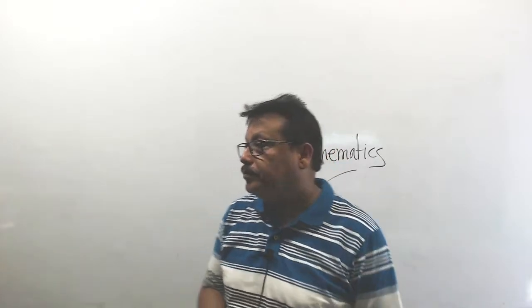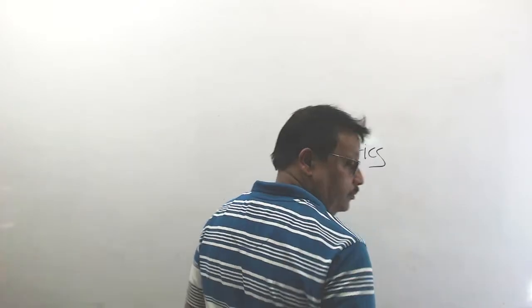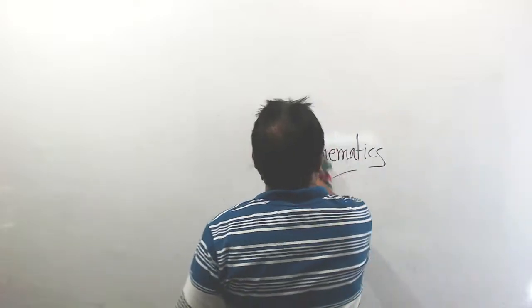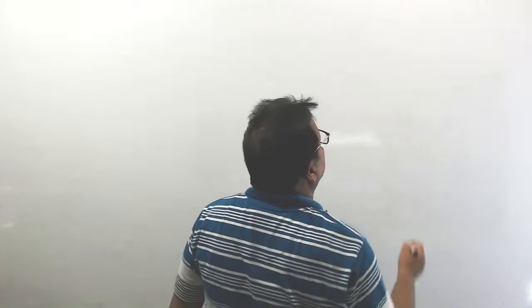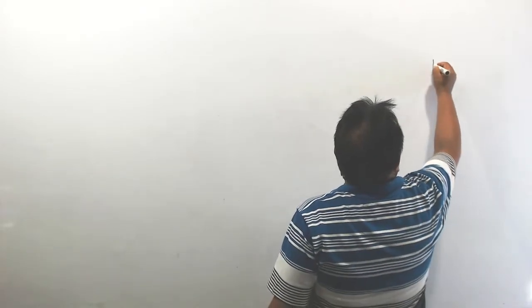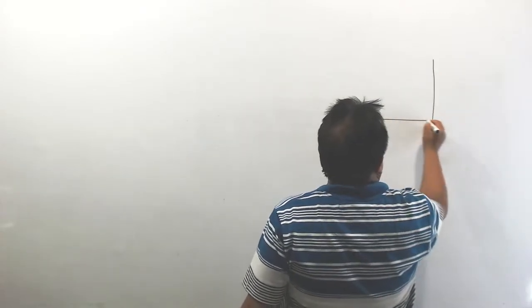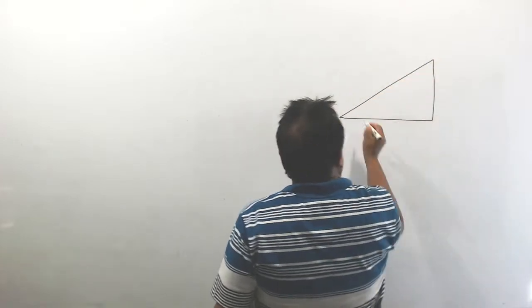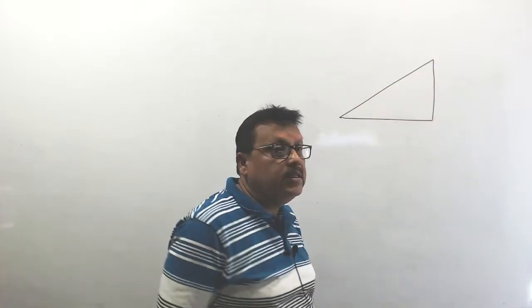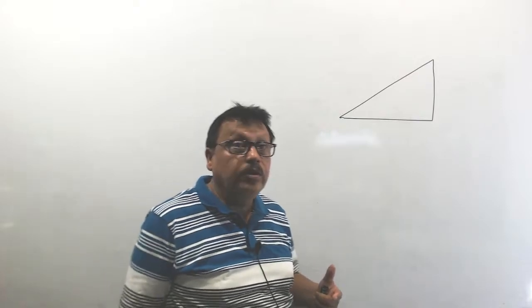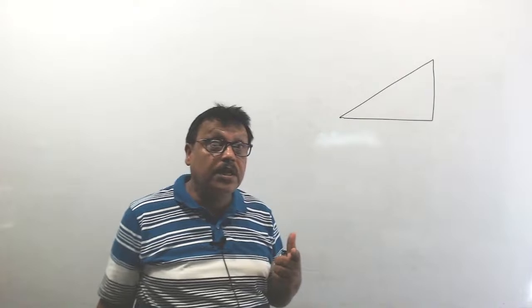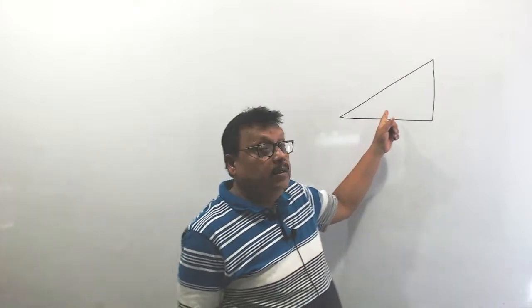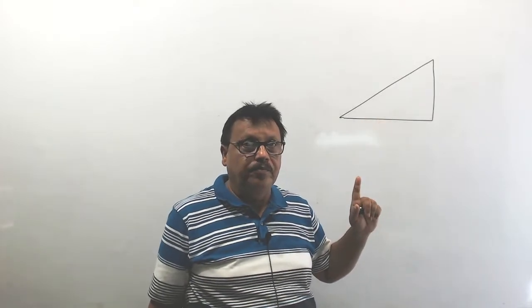Say here is a right angle triangle. Remember, trigonometry is always related with triangles. Mainly the ratios are related with the right angle triangle.